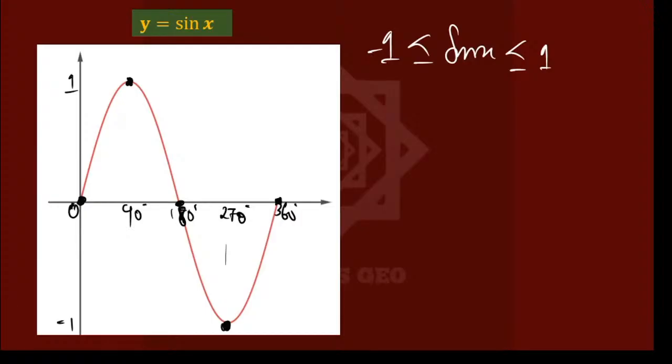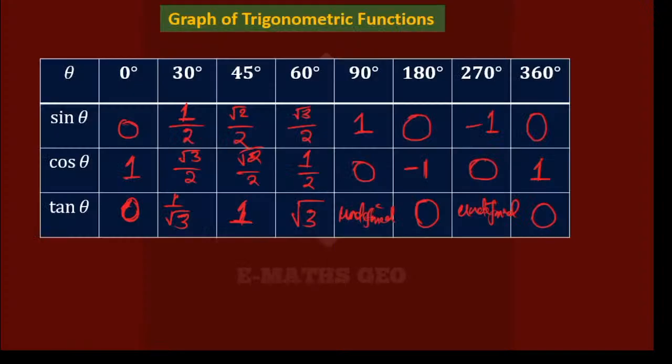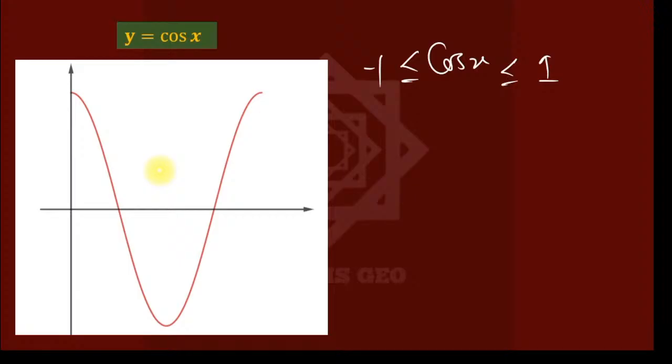So let's look at cosine. Using that same table, you see that the graph of cosine alternates between minus 1 and 1. The maximum is 1, the minimum is minus 1. If we sketch the graph, cos 0 is always 1, so here is 0.